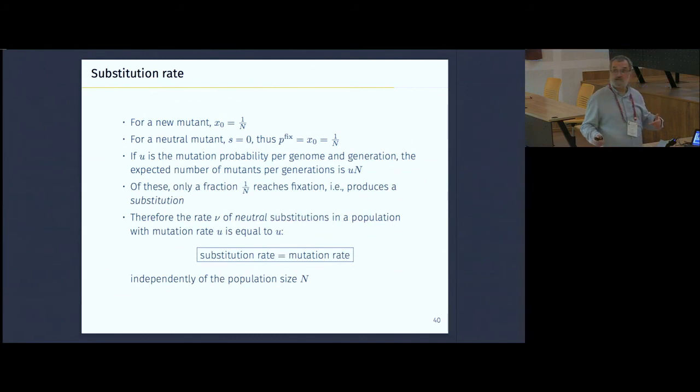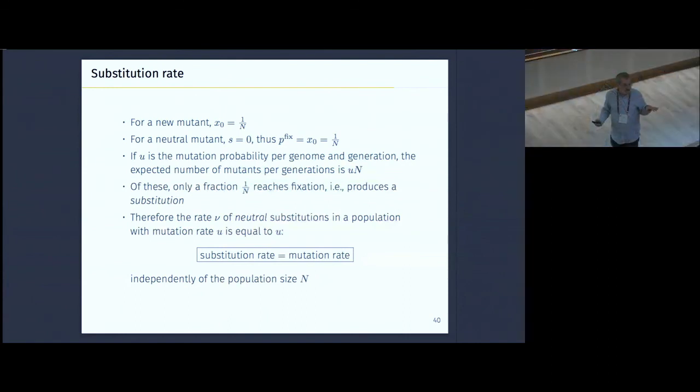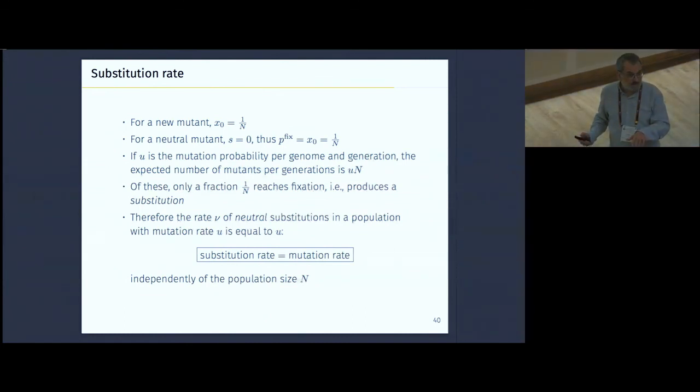And so this is equal to U. So this is the result that I had mentioned before. The substitution rate for neutral mutants is equal to the mutation rate. And in fact, you can generalize it more.